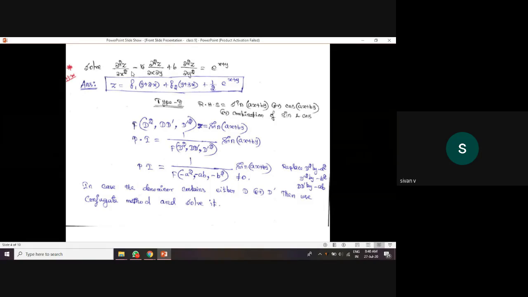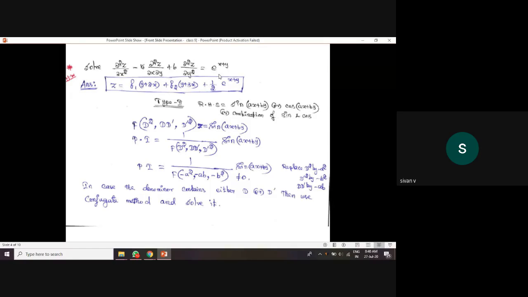Dou by dou x is D, so D square z minus 5, and dou square z by dou x dou y, dou x means D, dou y means D dash, so 5D D dash, plus 6 into dou square z by dou y square, so D dash square. It can be written as D square minus 5D D dash plus 6D dash square of z equal to e power x plus y.